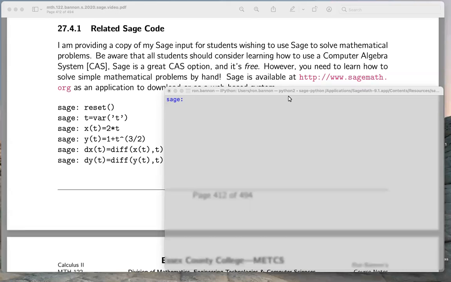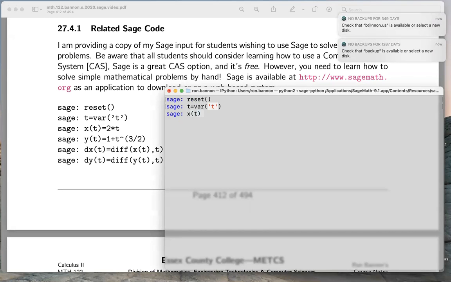So I'm going to do reset. I'm going to define t as a variable. Again, you did parametrics in Math 120, and of course, it's just being repeated over here. And what's parametric is defined as x, a function of time, or t.